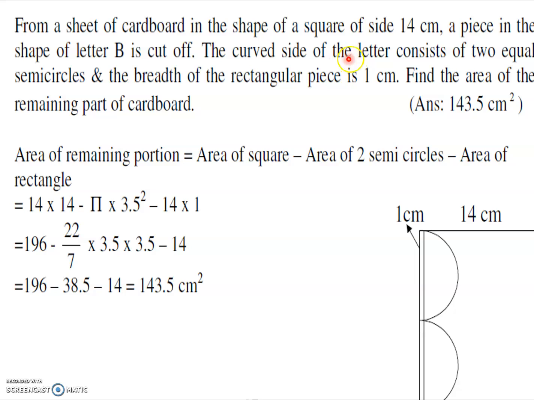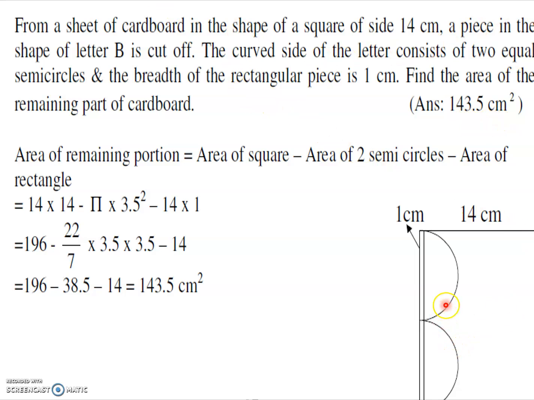The curved side of the letter consists of 2 equal semicircles, and the breadth of the rectangular piece is 1 centimeter. Now, find the area of the remaining part of the cardboard. Answer: 143.5 centimeter square. But how is it possible?